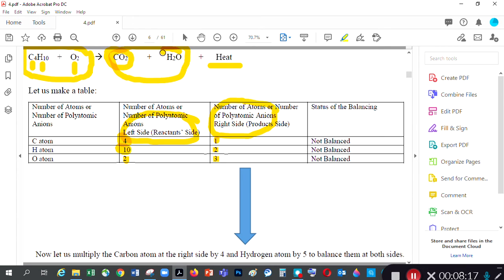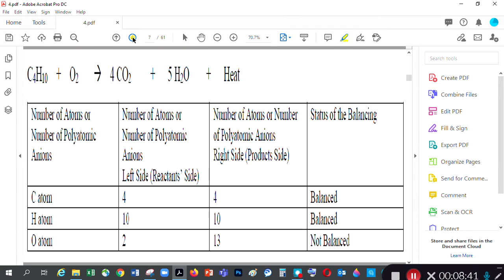And I have to multiply this H2O by 5 to get the 10 hydrogen, to balance the hydrogen. So that's what I'm doing here. The hydrogen is multiplied by 5 to get the 10, equal to the left side. And the carbon has to be multiplied by 4, on the right side, to get the 4 equal to the 4 at the left side.